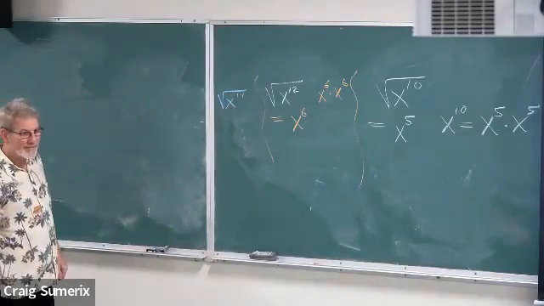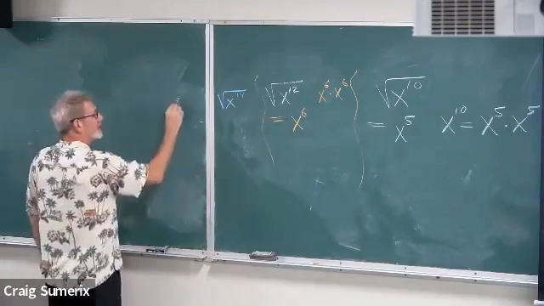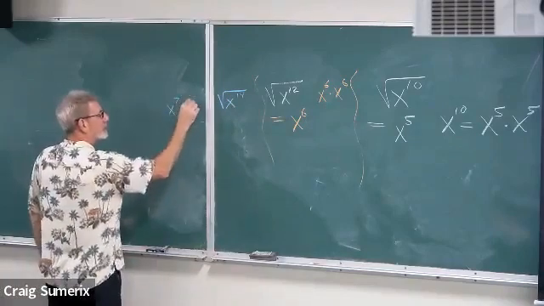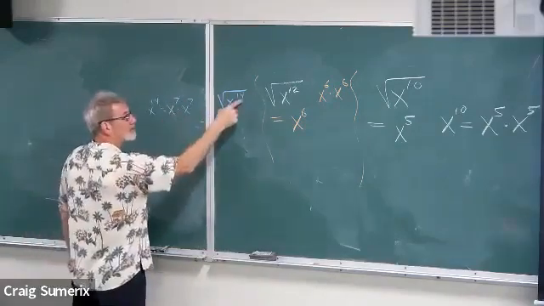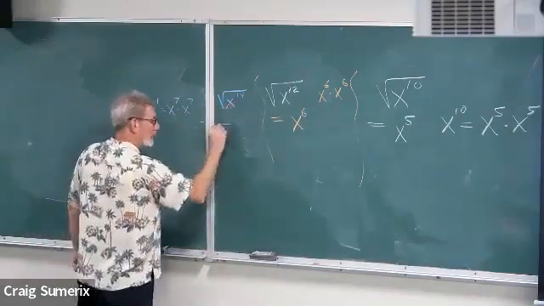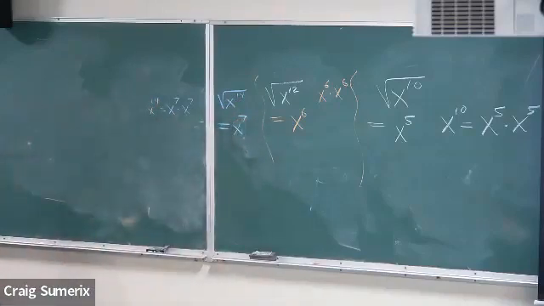Anybody see the pattern? X to the 7th times x to the 7th is x to the 14th. So what times itself gives you x to the 14th? X to the 7th. What's the pattern?